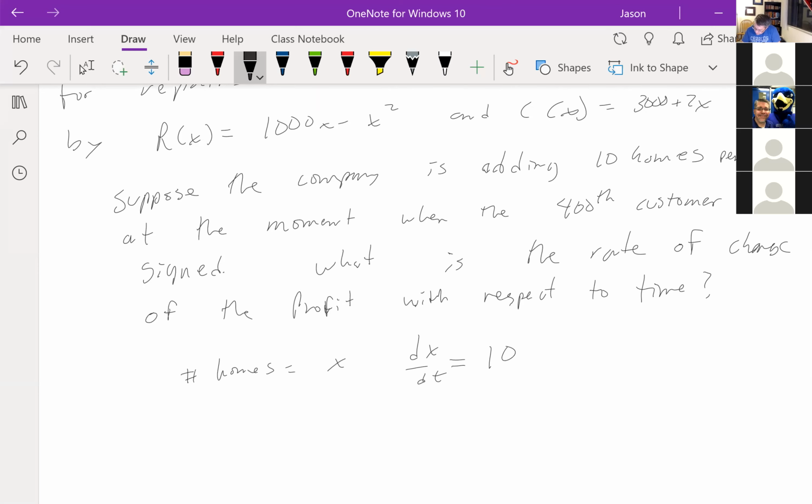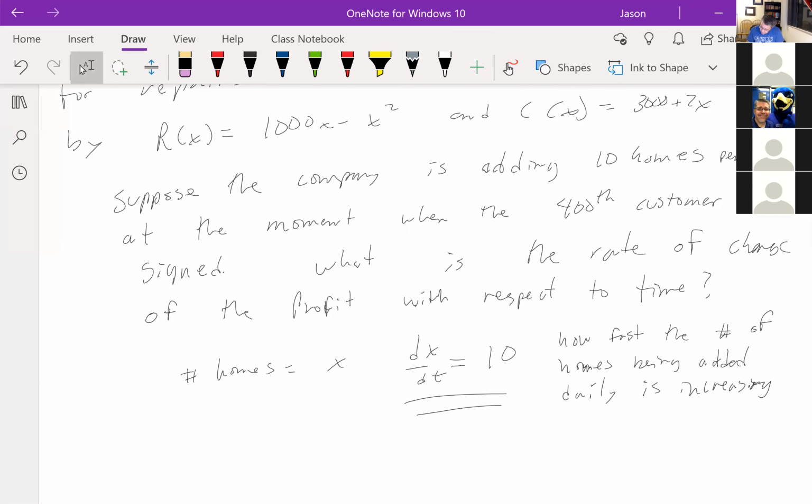This is how fast the number of homes being added daily is increasing. It's increasing by 10, so that's dx/dt.